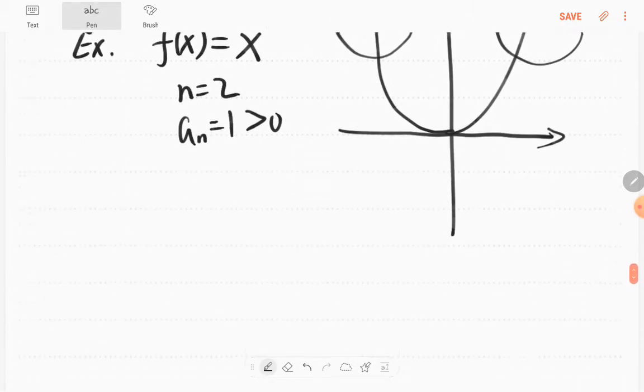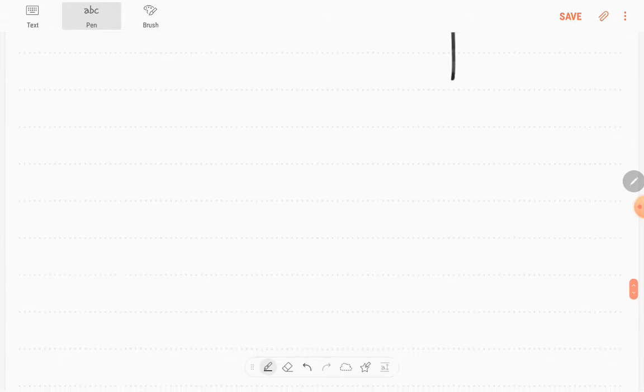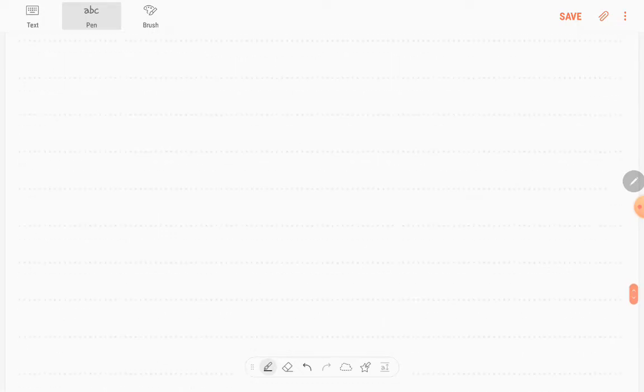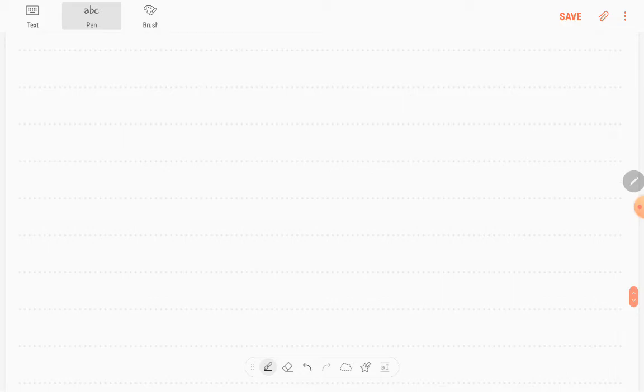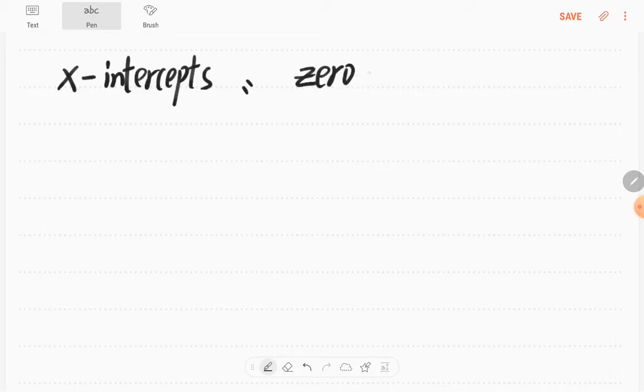So here is a very basic rule. This is another rule which is called the X-Intercepts. The X-Intercepts of the polynomial, sometimes we give a name which is called the zeros or roots of the polynomial.